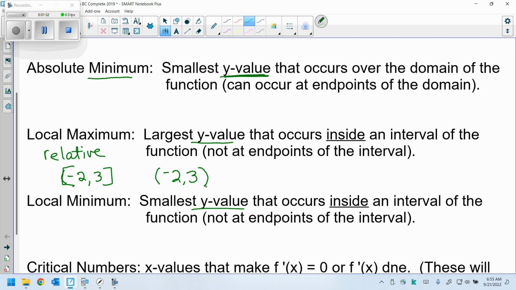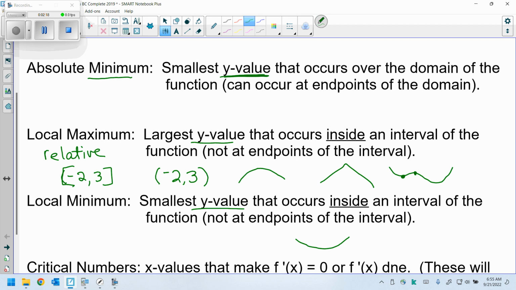Okay? And those we usually find by being at the top of a hill or down in the valley. Could occur at a sharp point like that. But there can be multiples. If we have something that's shaped like this, this is the bottom of a hill. This is a local min.